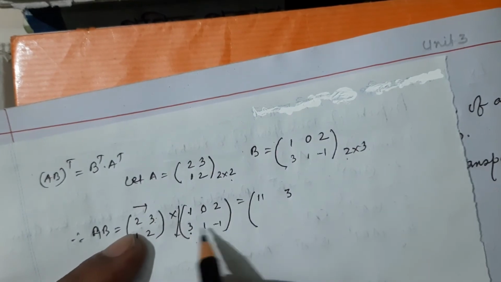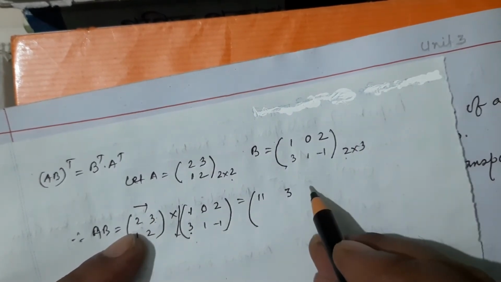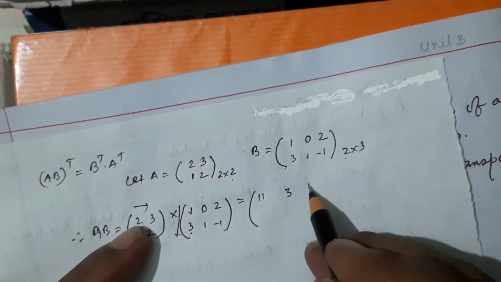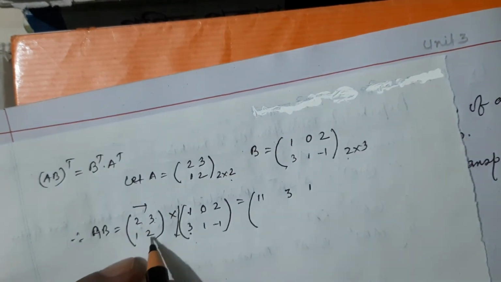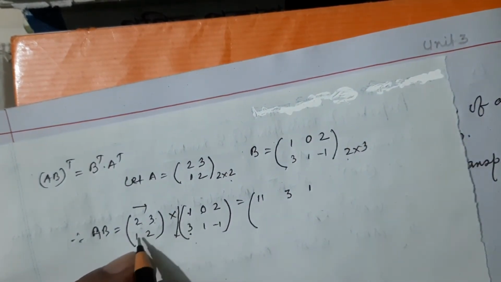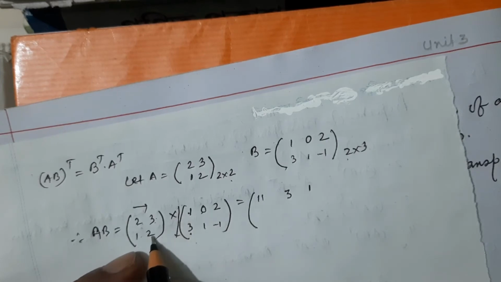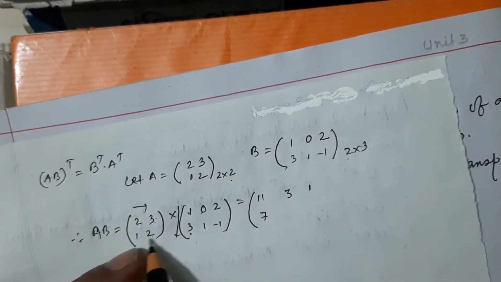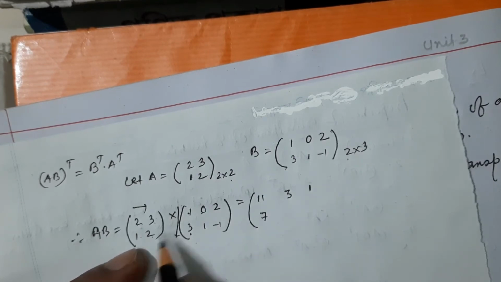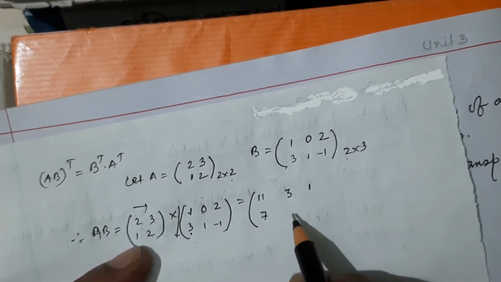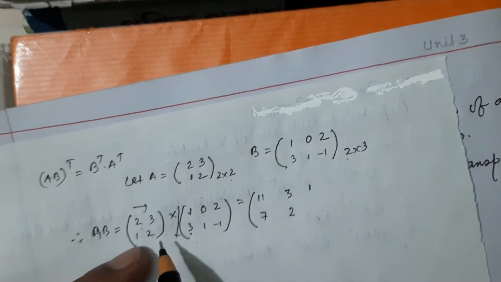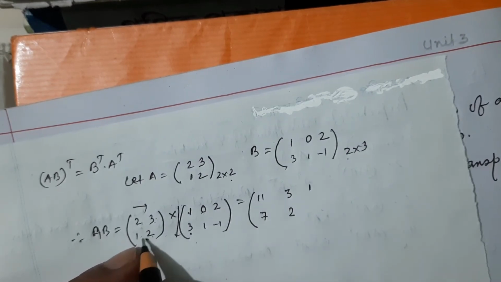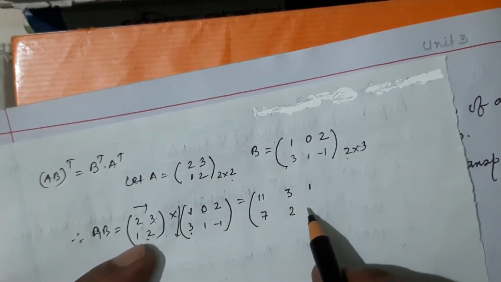First row third column, 2 into 2 plus 3 into minus 1, 4 minus 3, 1. Second row first column, 1 into 1 plus 2 into 3, 1 plus 6, 7. Second row second column, 1 into 0 plus 2 into 1, 2. Second row third column, 1 into 2 plus 2 into minus 1, 0.